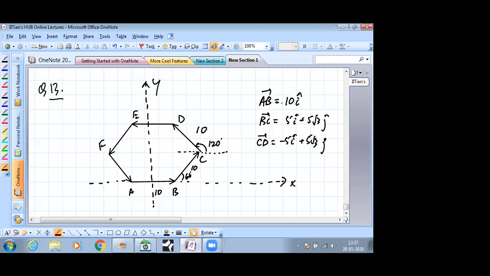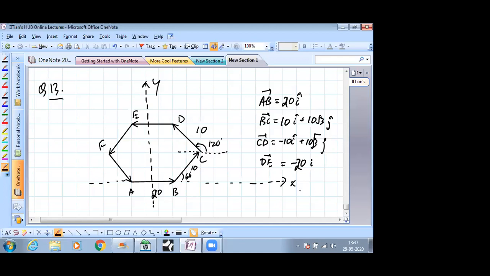So this will become minus 10 i cap plus 10 root 3 j cap, and DE will become minus 20.